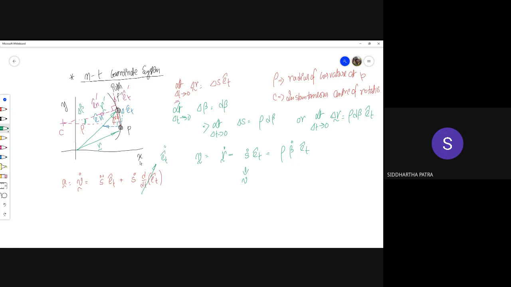So now we should know how to take the derivative of this et. To do that, let's plot et.